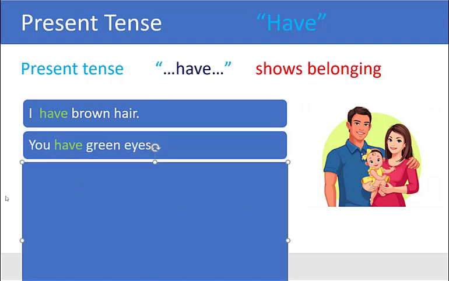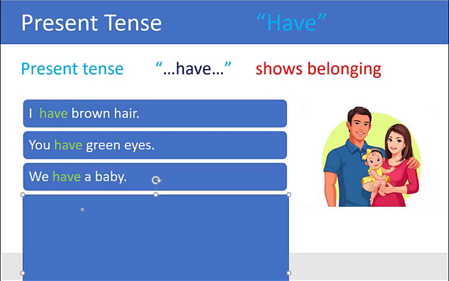Equally, if I'm talking about you and it's in present tense, I would say you have green eyes. Then, if I'm talking about myself and somebody else, I could say we have a baby. So again, I'm talking in first person but plural because there's more than just me.